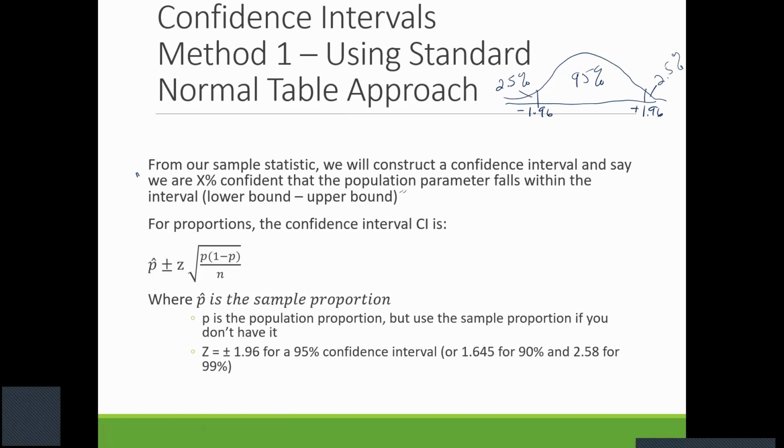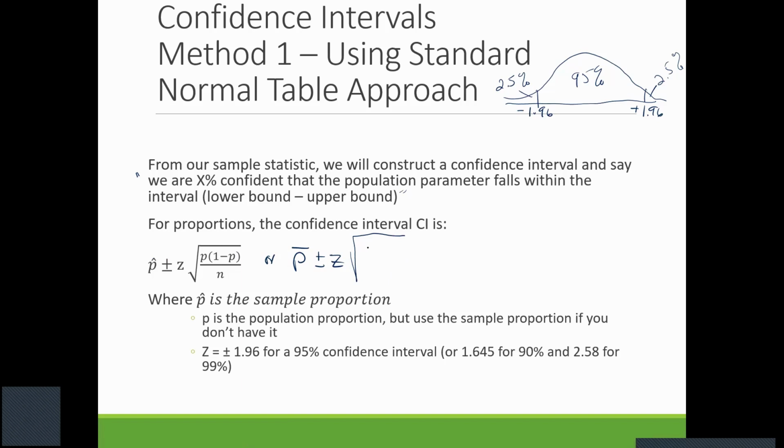Okay, and so the formula for doing this for proportions is we start with a p hat or p bar, doesn't matter. People sometimes use those interchangeably, plus or minus the z-score for whatever level we want, so in this case 95%, times some measure of the standard error.